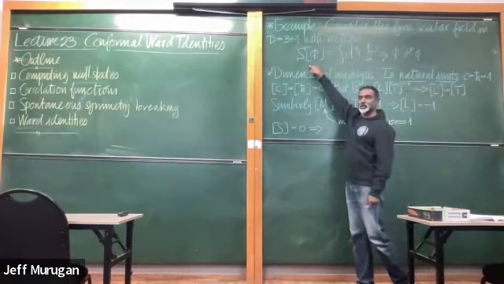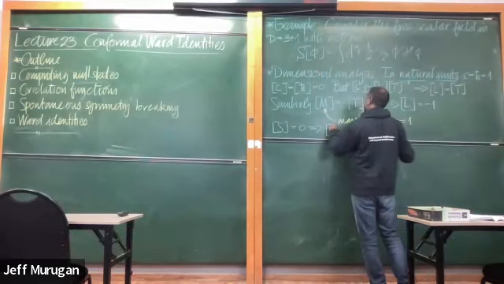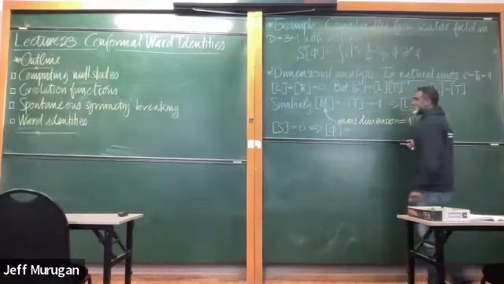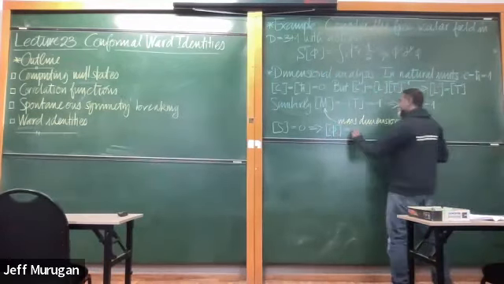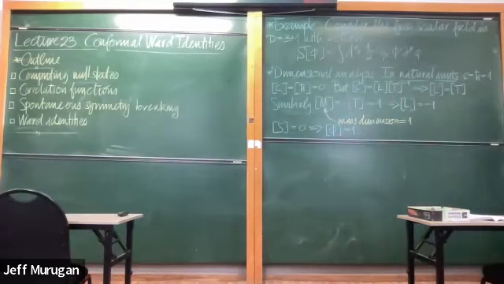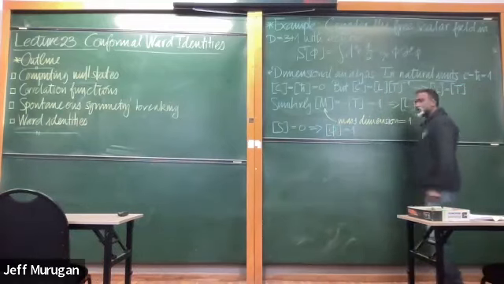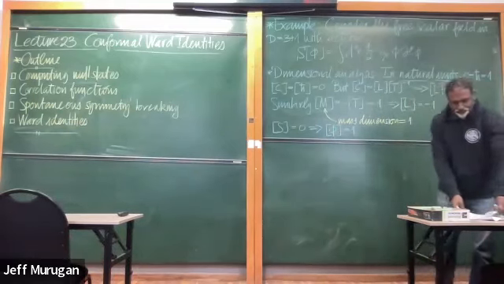Overall, this has to be dimensionless, which means that the dimension of phi, the engineering dimension of phi, has got to be +1. This is a dimension 1 operator. In fact, this dimension is its conformal dimension. It's a scaling dimension as well. Okay, so we're looking at a scaling dimension 1 operator in the theory.